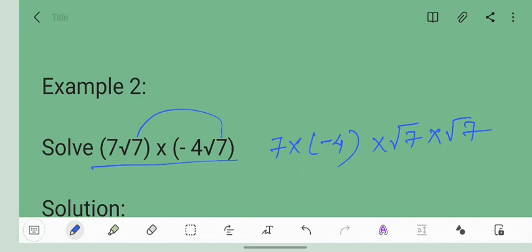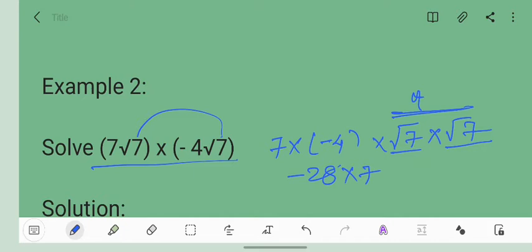So 7 fours are −28, and then √7 and √7 will give you only 7.